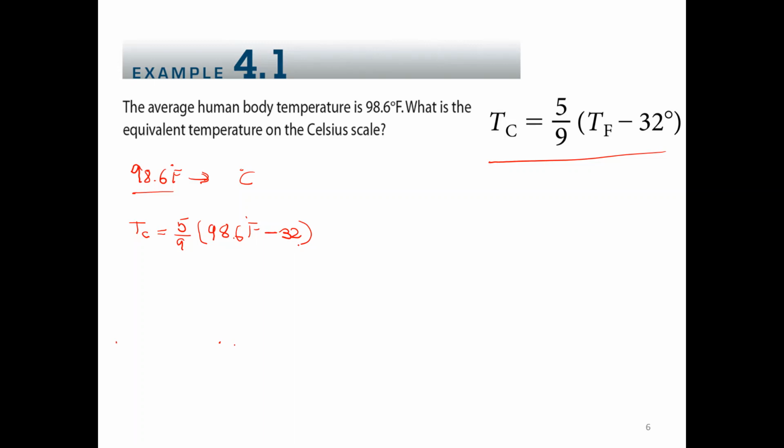First we solve what is inside the parentheses, which is 66.6.